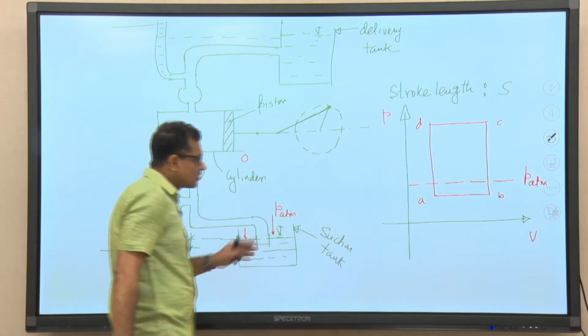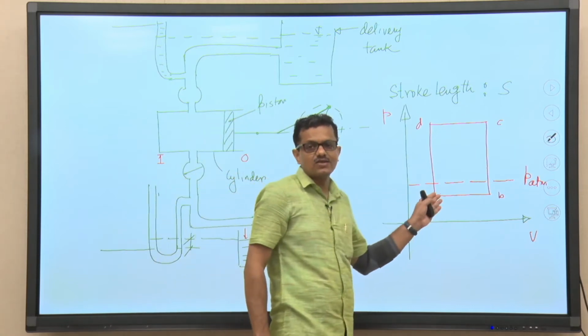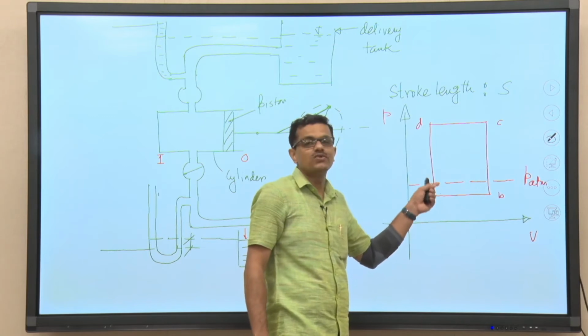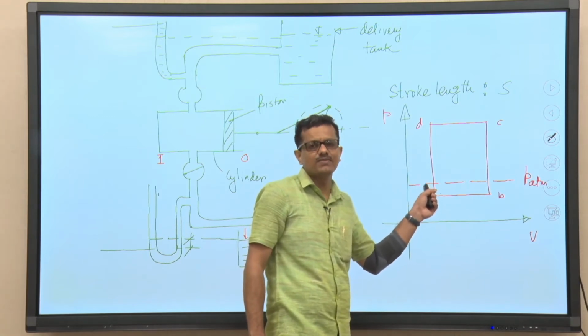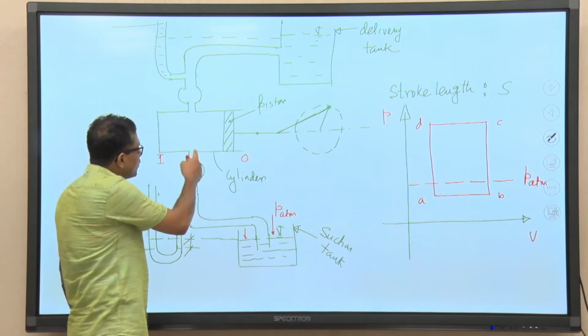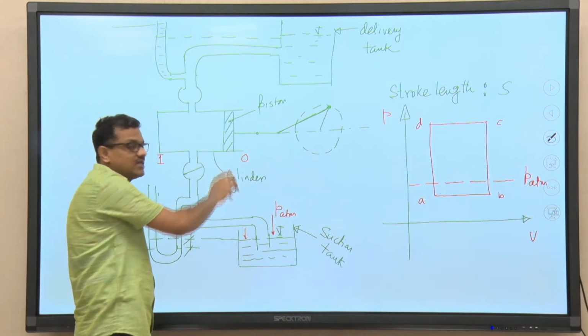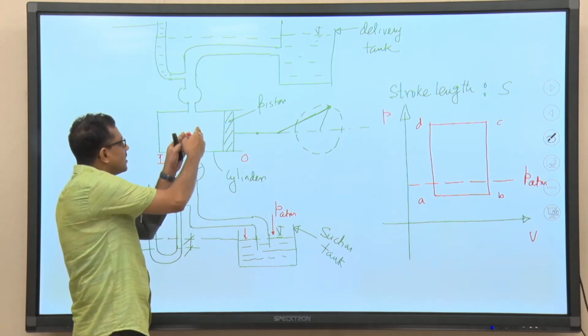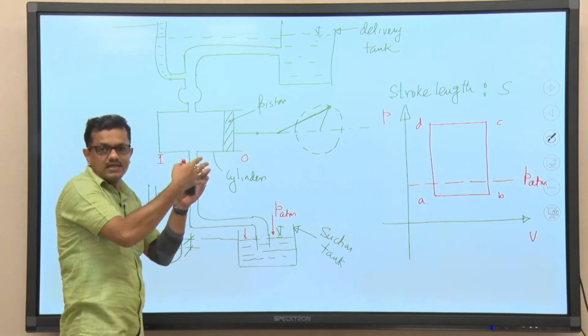As I told you, the simplified analysis does not take into account other effects, and as a result we had to rely on this simplified indicator diagram in the previous class. So, when the piston is reaching the outer end of the cylinder, the piston movement is getting decelerated.